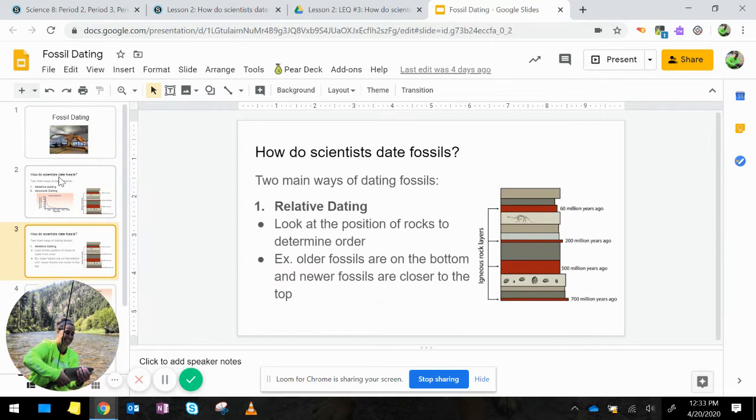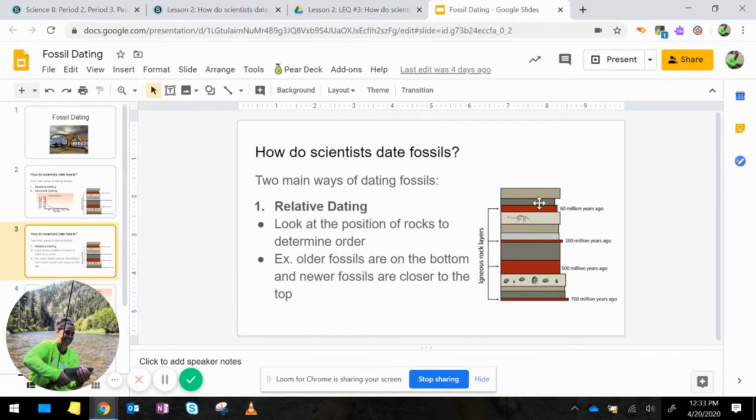So how do scientists date fossils with relative dating? They look at the position of rocks to determine the order. Basically what they are inferring, what they are assuming, is that the older fossils are on the bottom and the newer fossils are closer to the top.